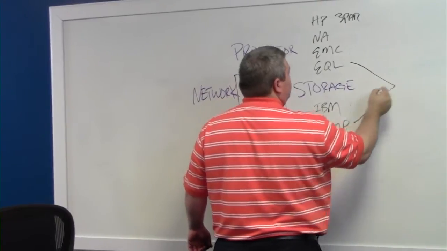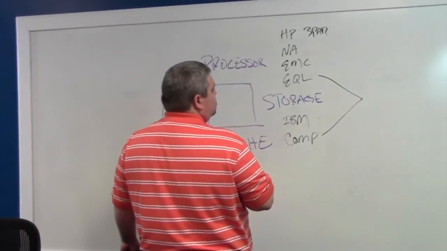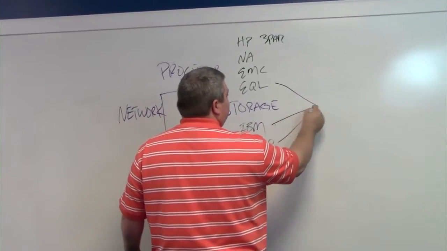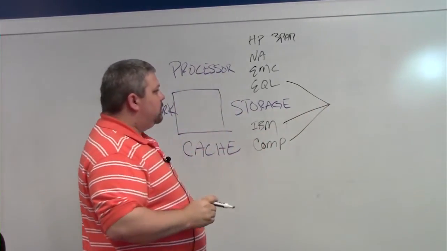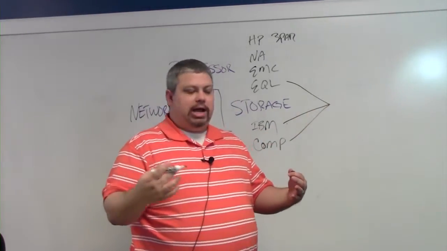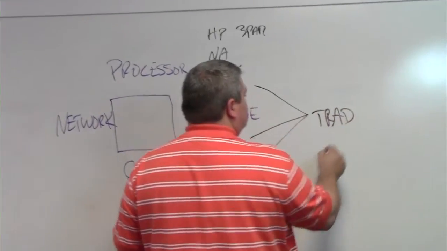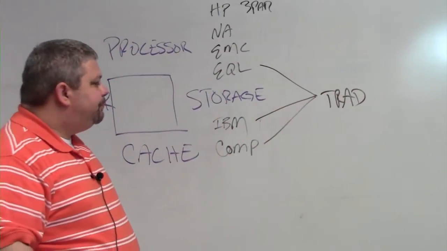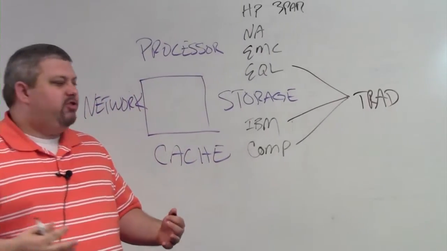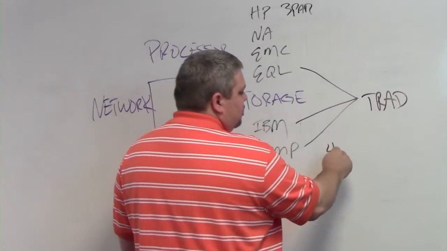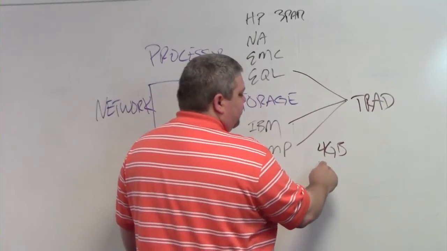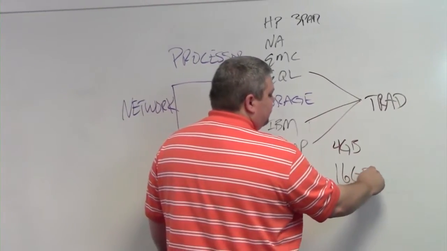EqualLogic, Compellent, and to an extent IBM mostly do a traditional cache, okay? So we'll call this traditional. And with traditional caching, you'll see something like 4 gigabytes or 16 gigabytes, something like that.